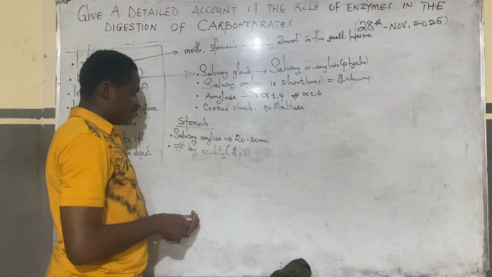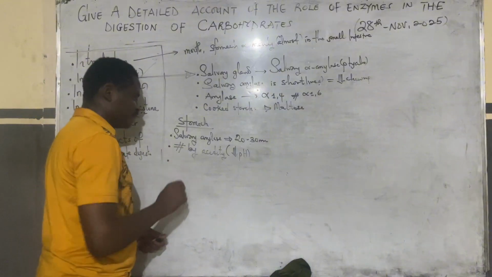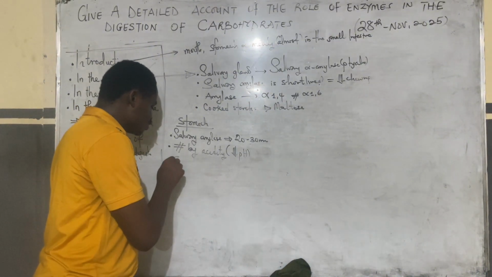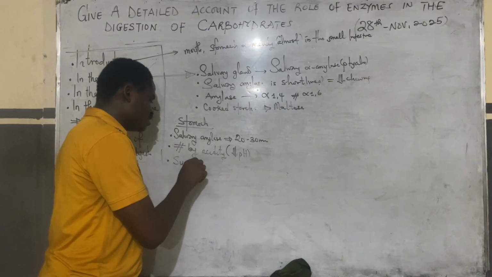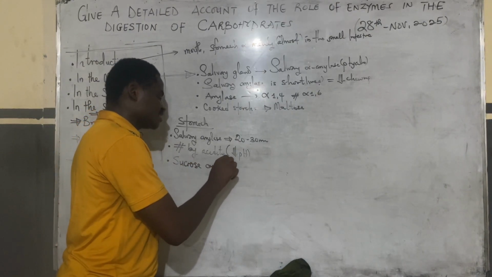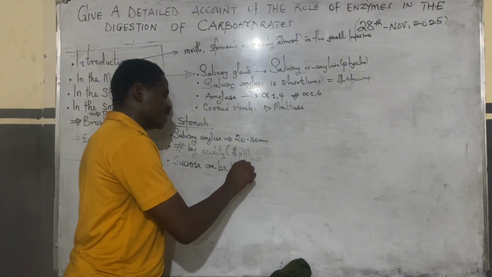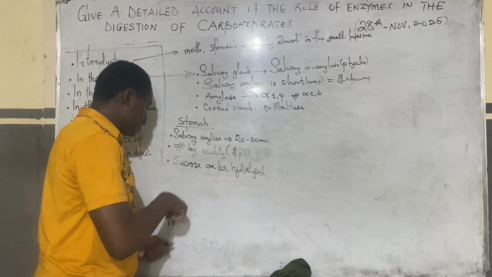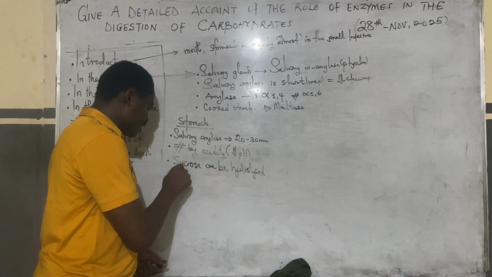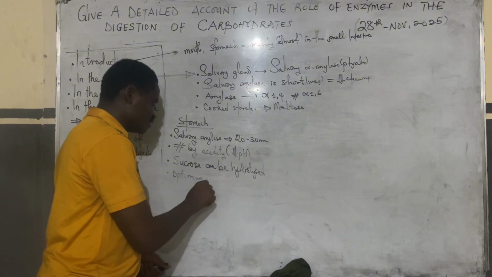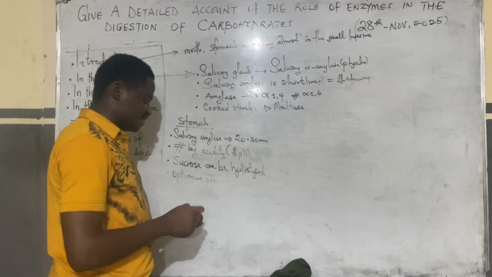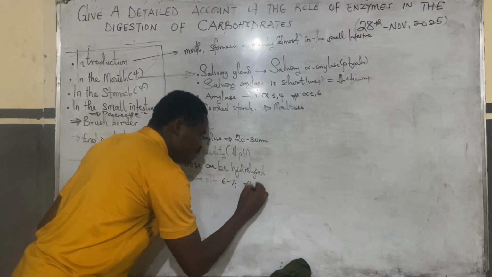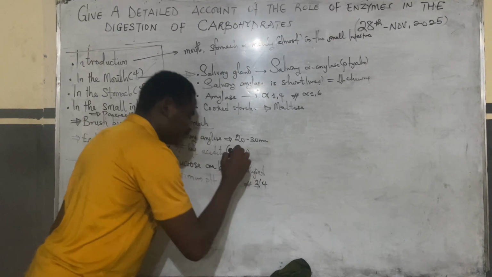Alright? Now, the third point that you can also see is that in the stomach, sucrose can also be hydrolyzed. And then end by talking about the optimum pH. Optimum pH for salivary amylase is within 6 to 7 and it is inhibited when pH falls below 3 or 4.